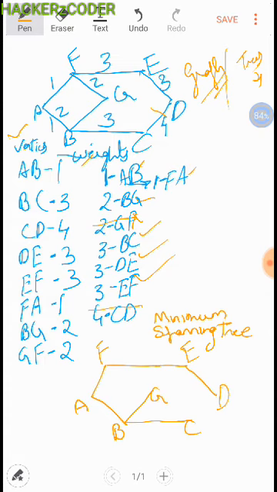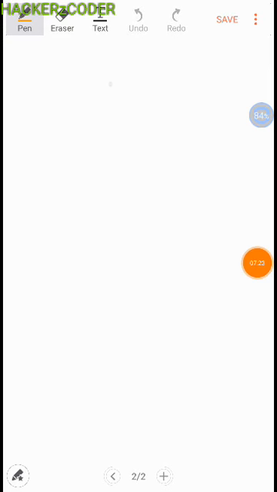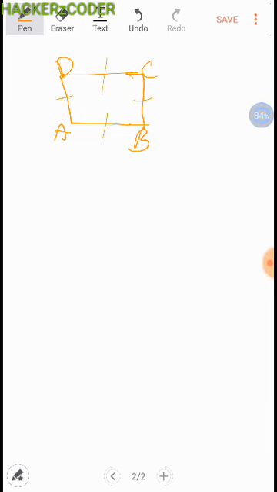And always do remember, if we take the simplest graph of just a square A, B and C and D, what happens is there are 4 edges, 4 vertices.